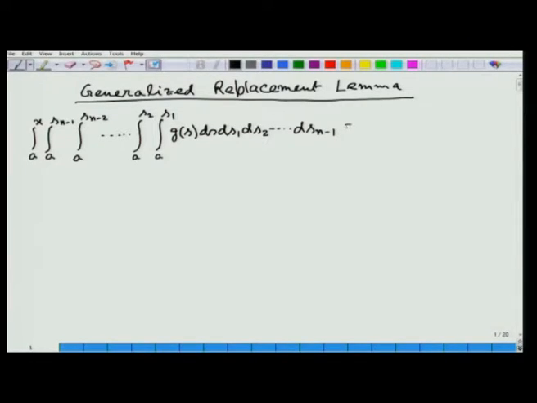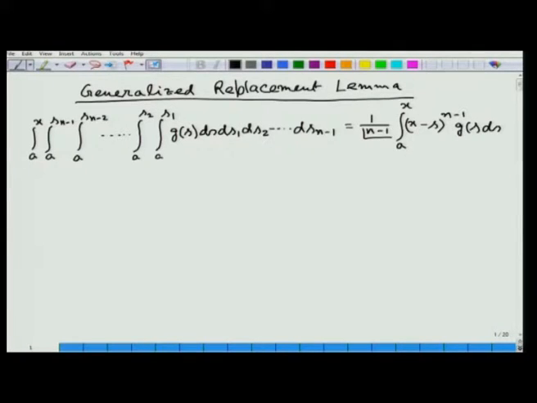This multiple integral is equal to 1 by factorial (n minus 1) times the integral from a to x, (x minus s) to the power n minus 1, g(s) ds. This was the generalized replacement lemma.